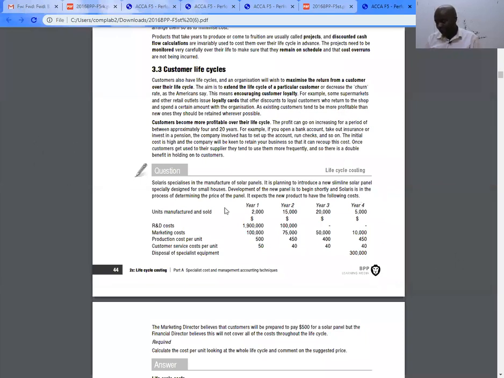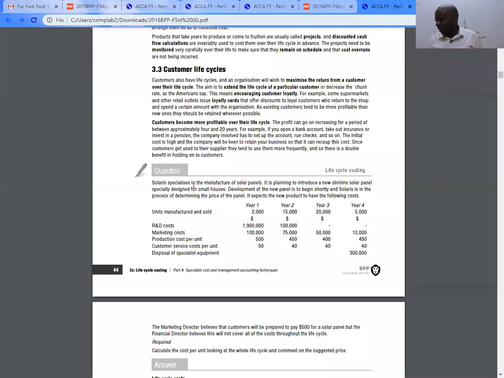The quantity sold is very important for me. Why? Because whenever I'm given a cost on a per unit basis, I must always take that cost per unit and then multiply it with the number of units to be produced.